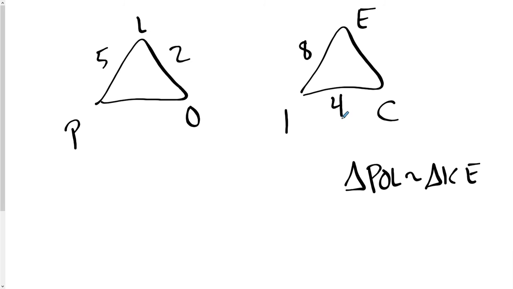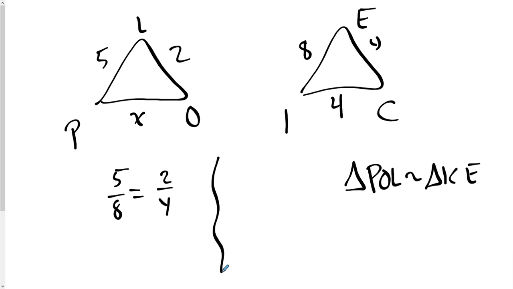What I can do is solve for both this thing and this thing, x and y. So first I'm going to set up 5 to 8, PL to IE. 5 to 8 is equal to 2 to, we don't know, we'll call that y. Also, I can say that PL to IE, 5 to 8, is also equal to x to 4.